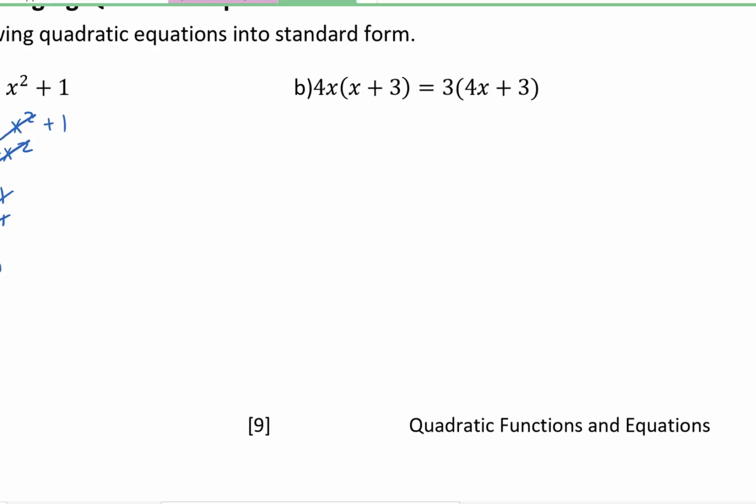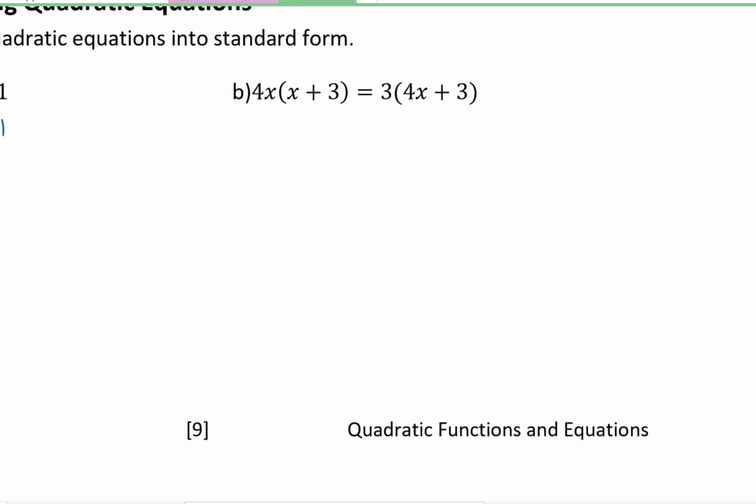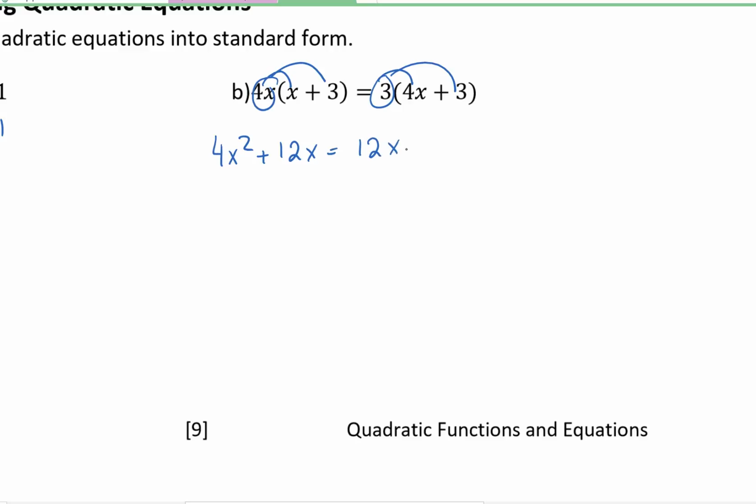Let's try B. Again, we've got coefficients, so distribute. So we've got 4x squared plus 12x is equal to 12x plus 9.